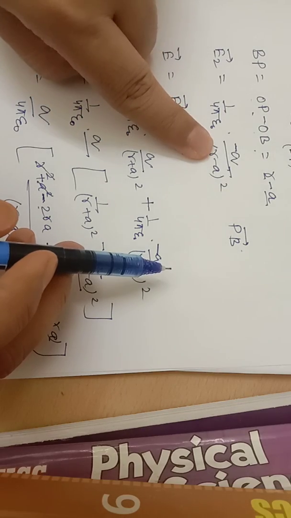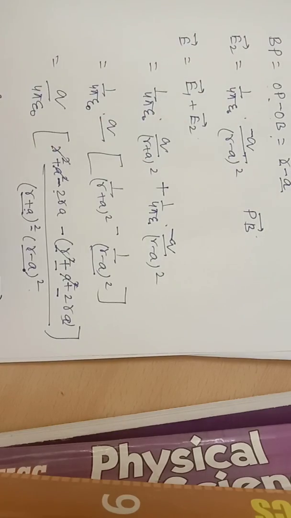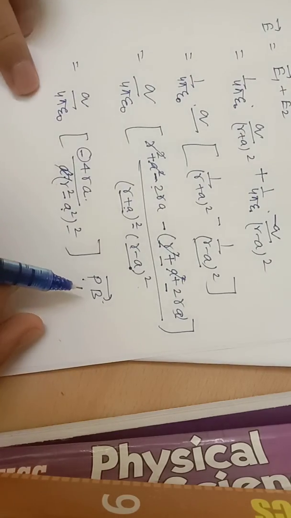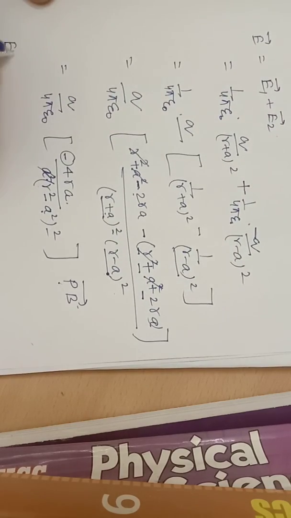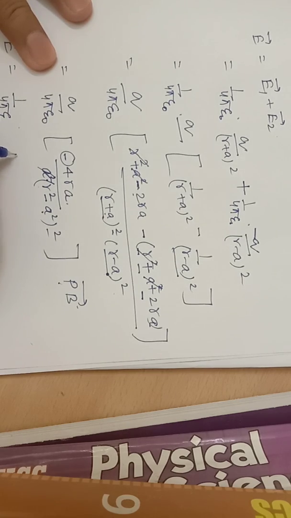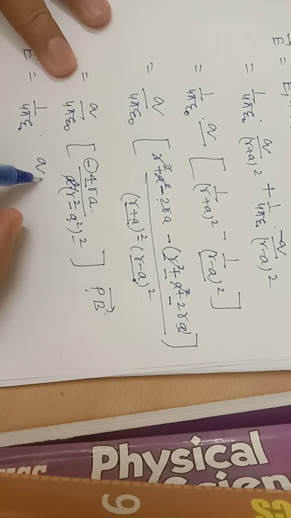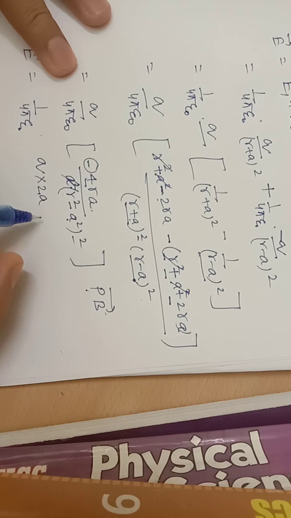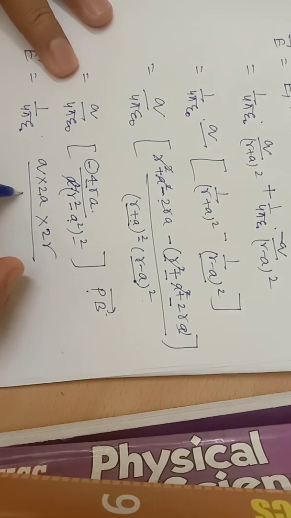The negative sign simply shows that the direction is from P to B. So E is equal to 1 upon 4 pi epsilon naught, Q. 4 can be split into two parts, 2A into 2R, upon R square minus A square the whole of square.